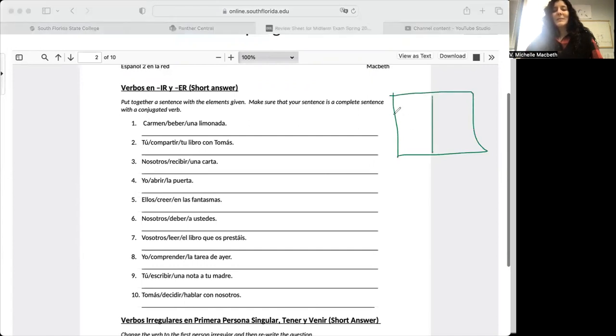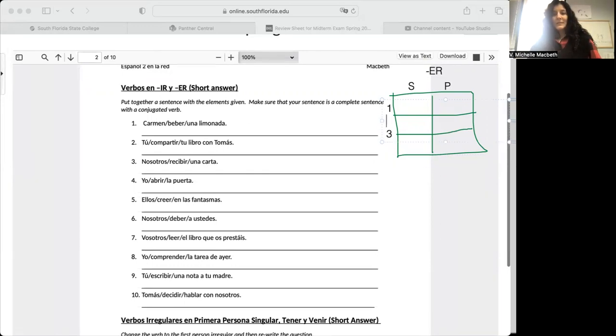So I'm going to put my present tense endings here, right? We're still talking about the present tense. I'm going to put my endings for ER first. Remember, we're going to break it out into singular, plural, and then first, second, and third person.